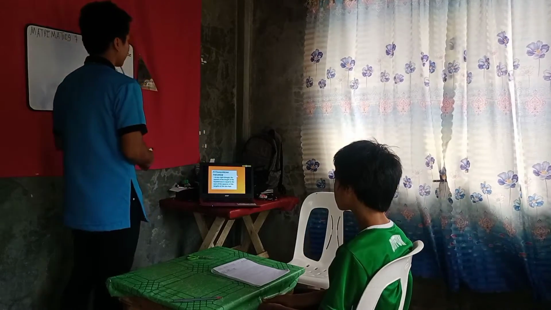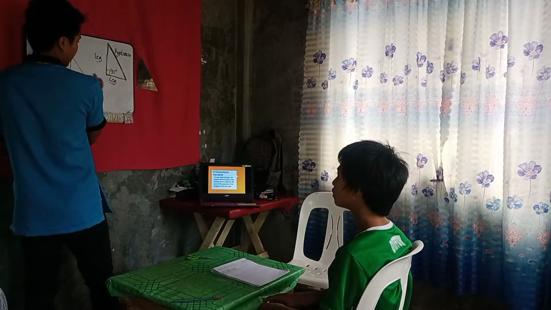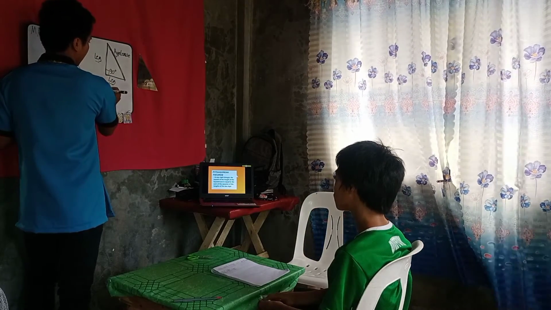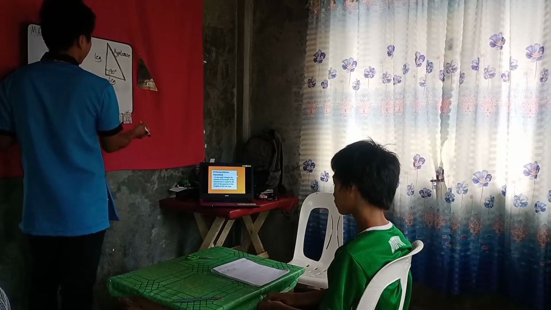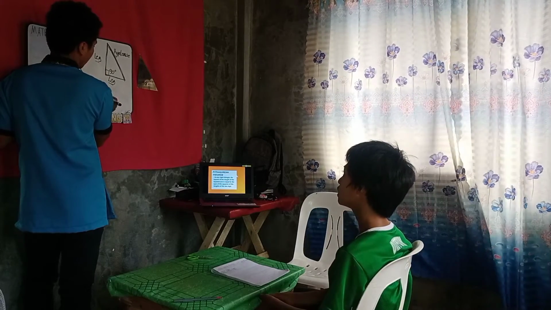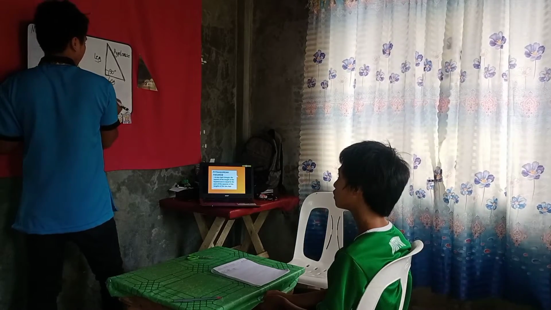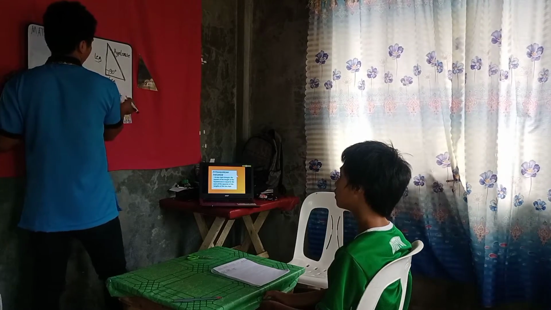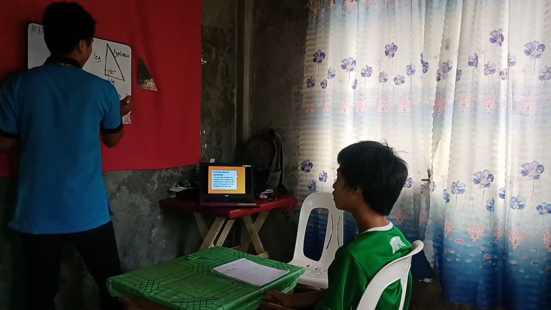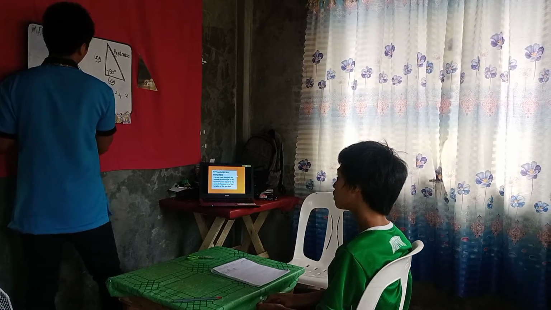So, let us go back to the main definition of our theorem. Sabi niya, in any right triangle, the square of the hypotenuse, ito yung hypotenuse, this portion, is equal to the sum, pag sum, ibig sabihin plus or addition, of the squares of each of the two legs, yung kanyang dalawang legs.